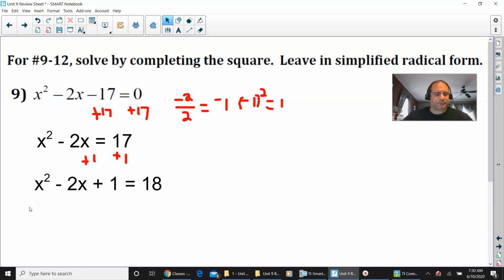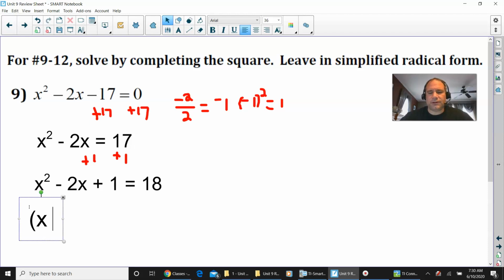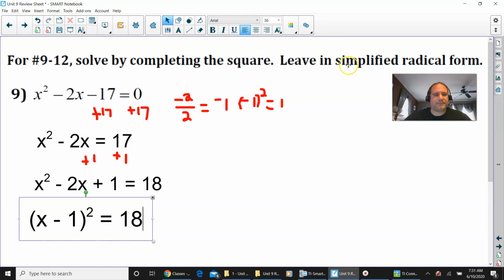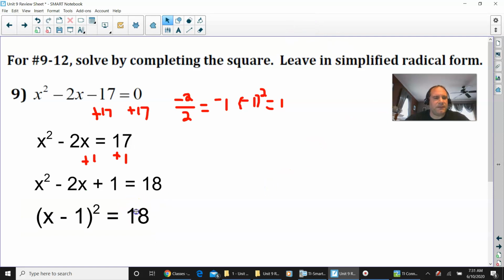So you should have x minus 1 times x minus 1, which in this case is just squared, equals 18.